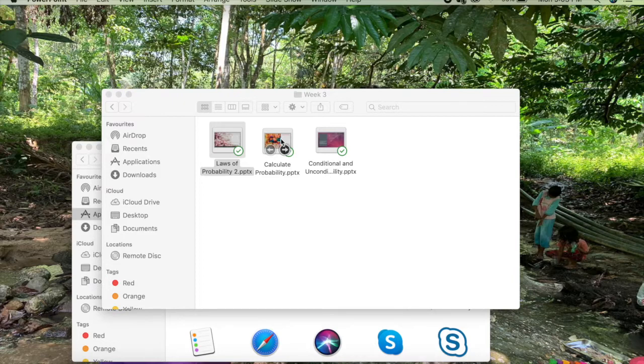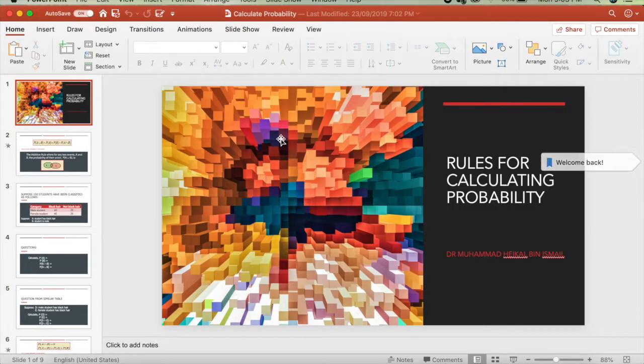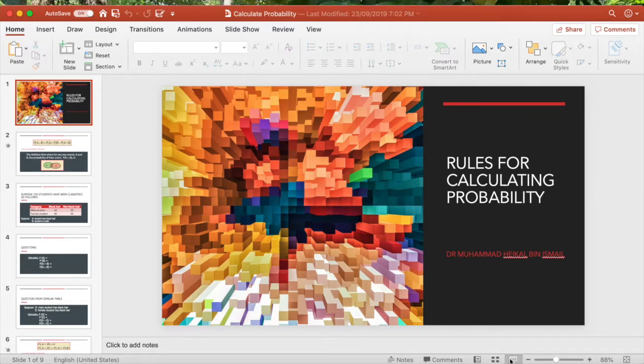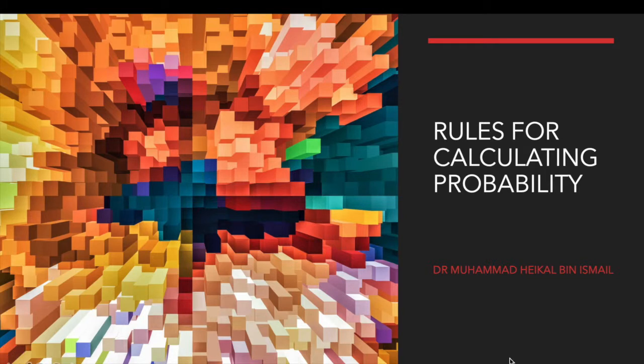As previously mentioned, for week 2 we learned about the unions, intersections, and also the complements. So how do we calculate those? Let's proceed with the calculations. These are the rules that we have to constantly follow.